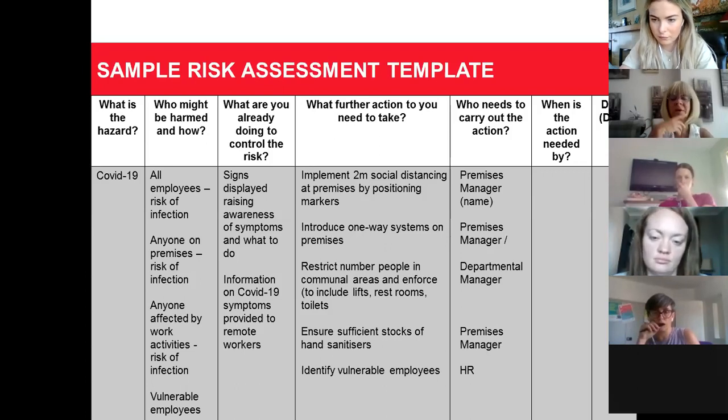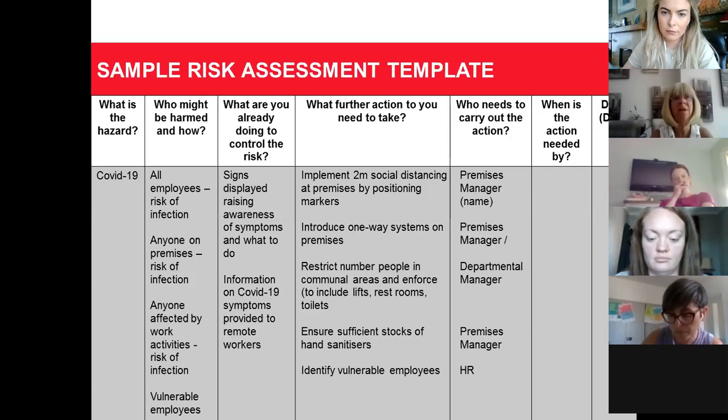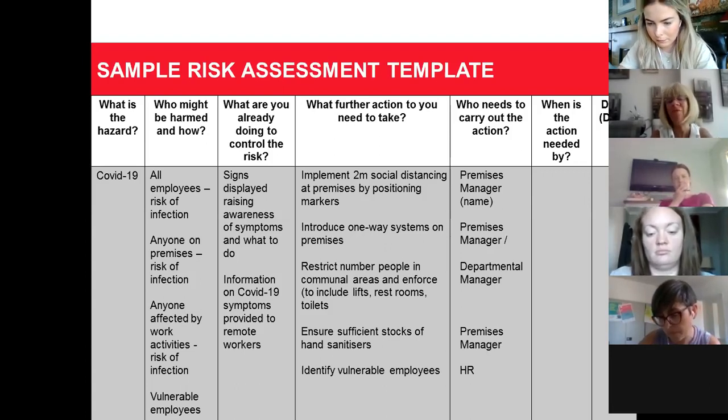I will give you a little bit more advice here around risk assessment before I move on to how we look at controlling risk. Risk assessment should be a joint process. It should be a process that everyone works on together. It shouldn't be the responsibility of just one person without involvement and participation by people.